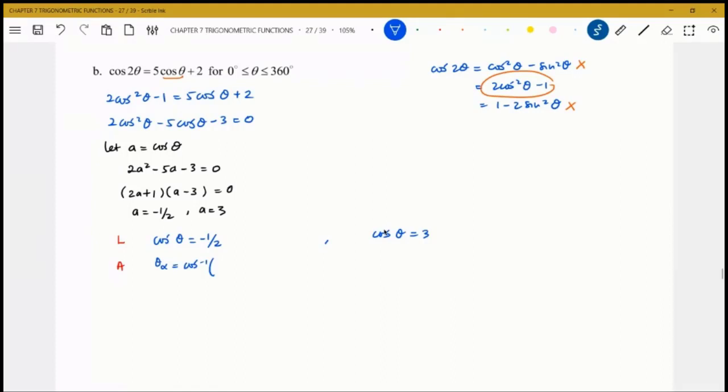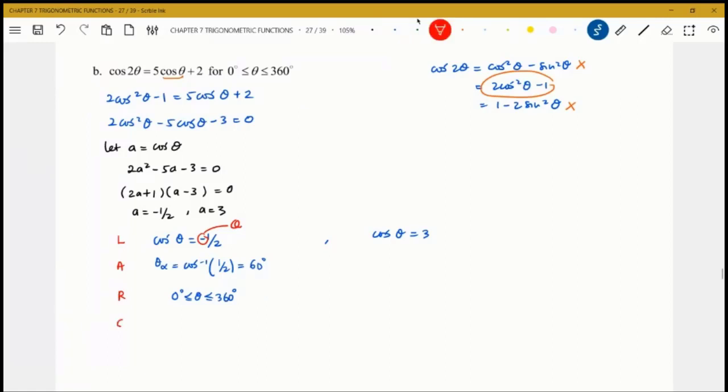Positive half. Okay, so ingat negatif di sini hanyalah untuk quadrant. Okay, so inverse cos of half untuk degree adalah 60 degree. Okay, and then we have it the range daripada 0 towards 360. So tiada perubahan sebab di sini kita punya theta adalah single theta.